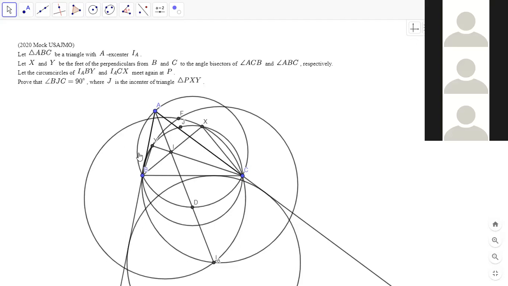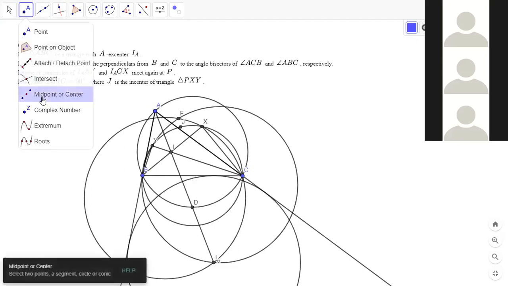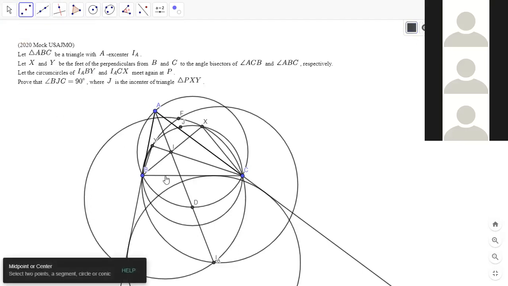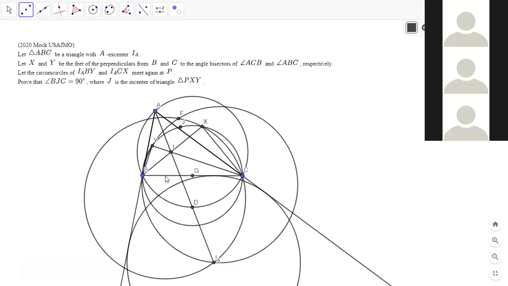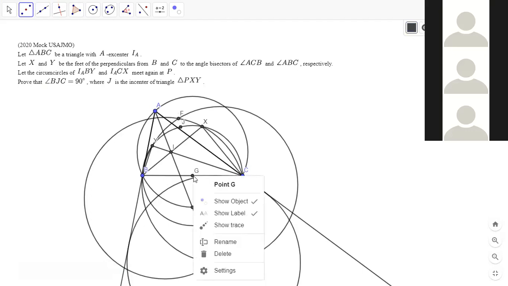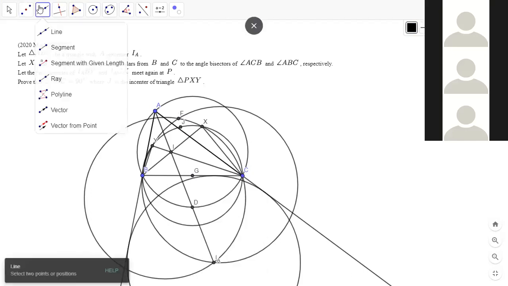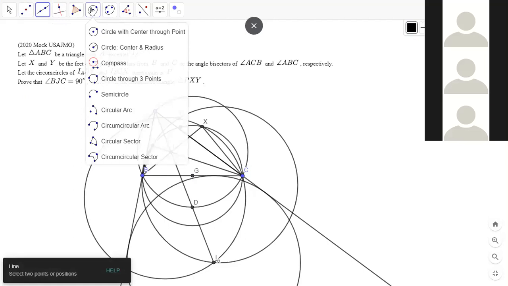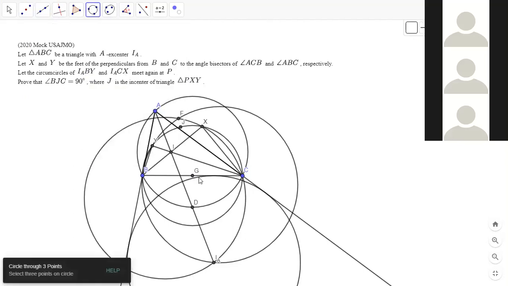Michael, if you call M the midpoint of BC, yeah, and you prove that FYMX is cyclic. Okay. That will solve the problem. Okay.